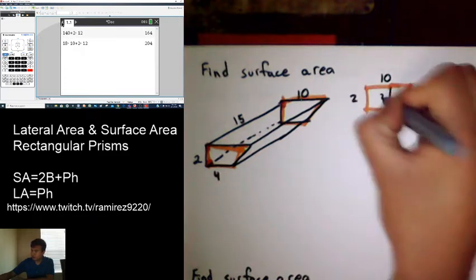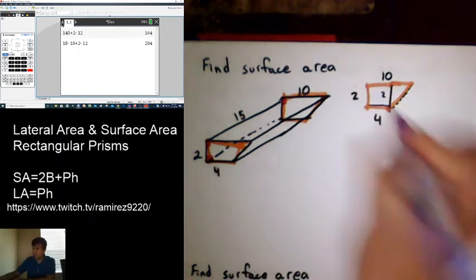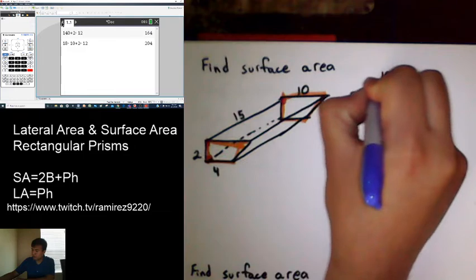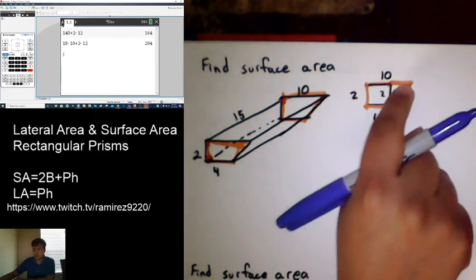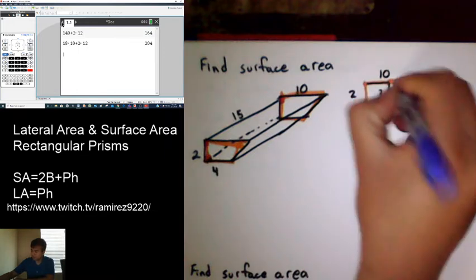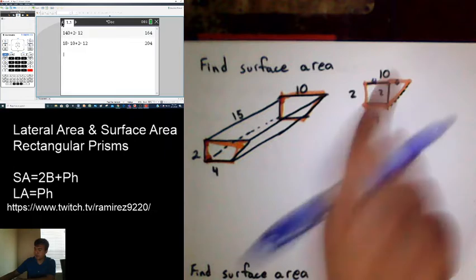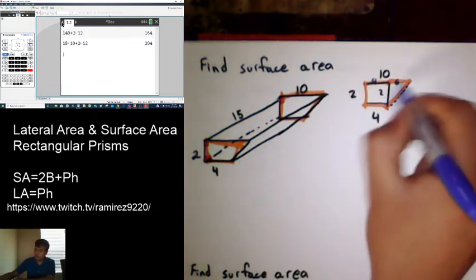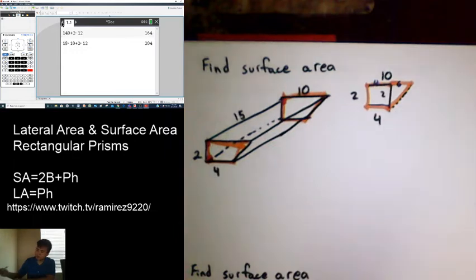We know this is 2. If this is 4, and you would expect this to be 4, making the remaining piece 6, because 4 plus 6 will give me the 10. And so now I'm going to do the Pythagorean theorem one more time just to find out what this piece is.